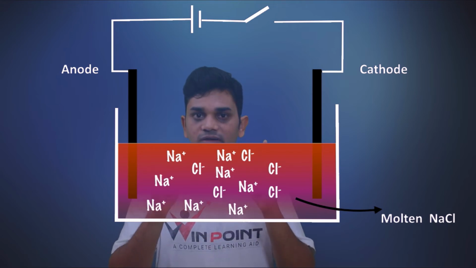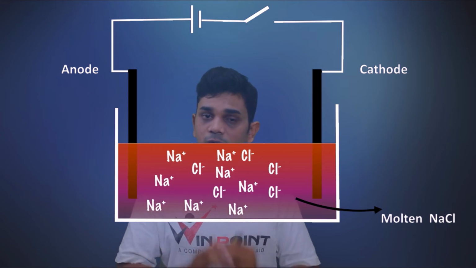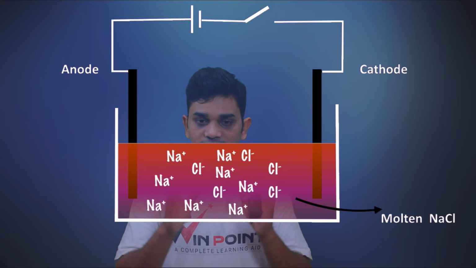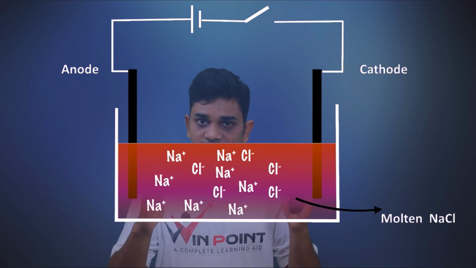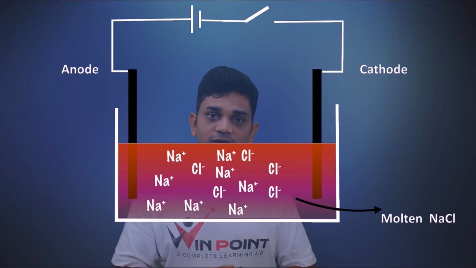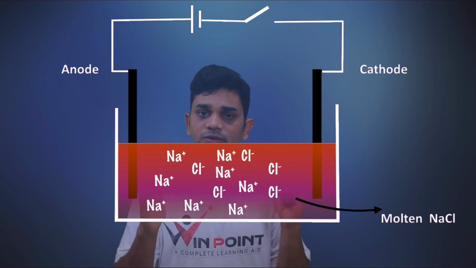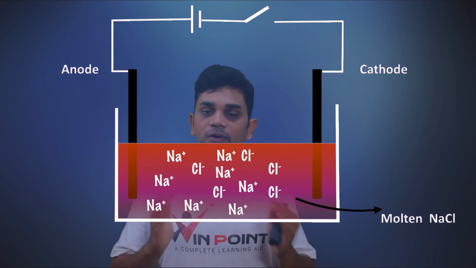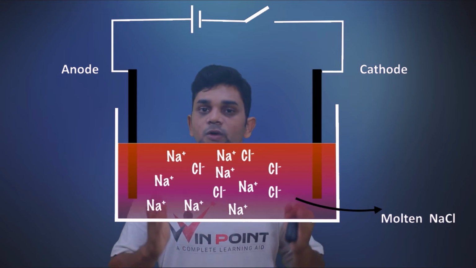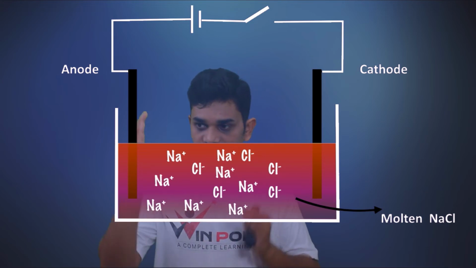What will be the change in the electrolyte? What is going to happen here? You can see there are Na plus and Cl minus ions, opposite charged ions. What is going to happen to these ions? Yes, the ions are going to separate because of the oppositely charged electrodes.